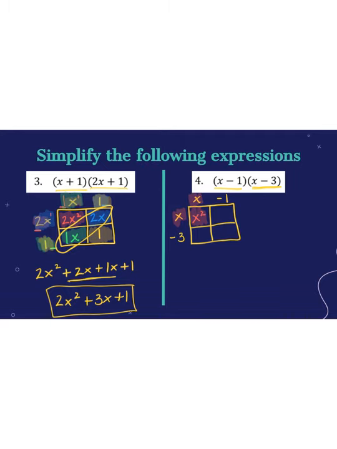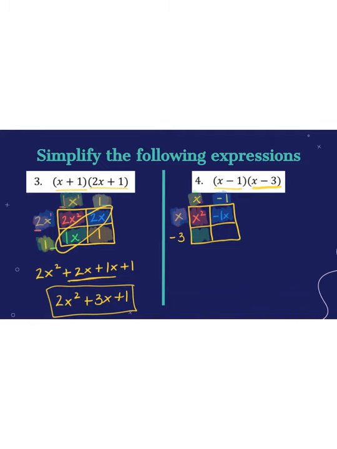Okay, now we're going to move over. We want this box. And to get that box, we're going to take this negative 1 times that x. So negative 1 times x gives me negative 1x. And continuing down, we want this one, bottom left.